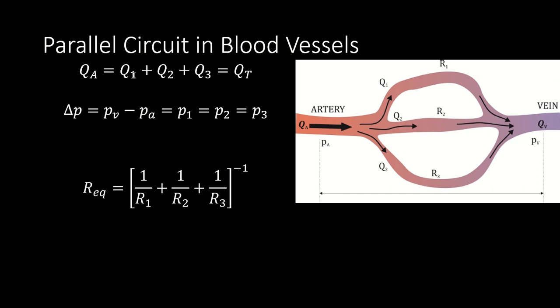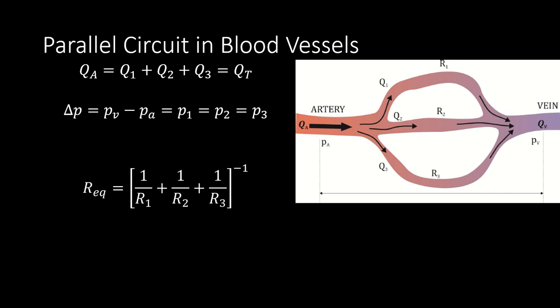We want to add up Q1 plus Q2 plus Q3 because the arterial flow rate is going to partially break off into one path, the other, and then the final, and they're all going to come back together to equal the total volume flow rate, which in this case is going to be equivalent to the volume flow rate through the veins.